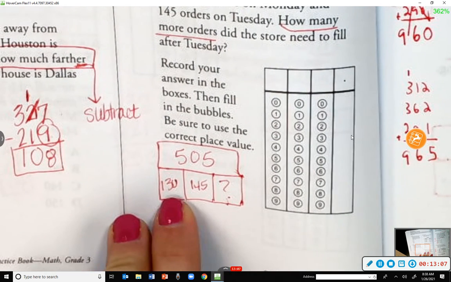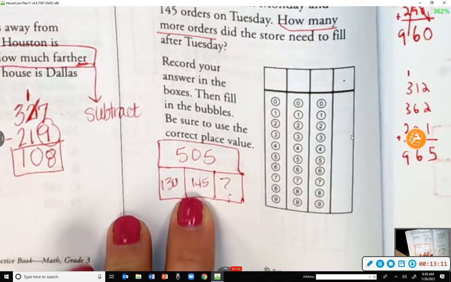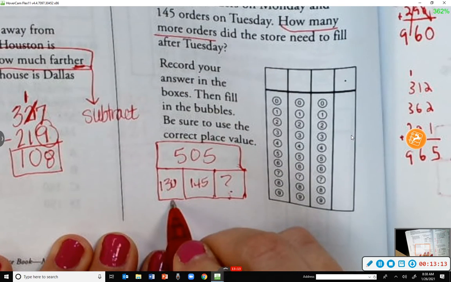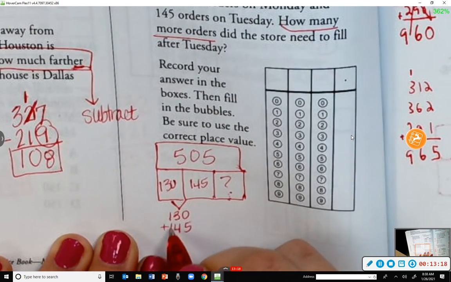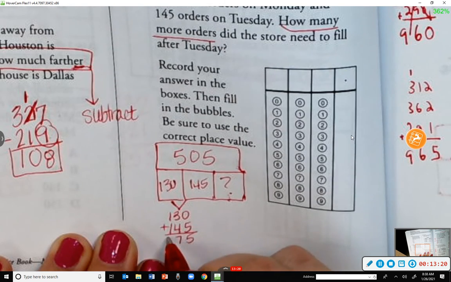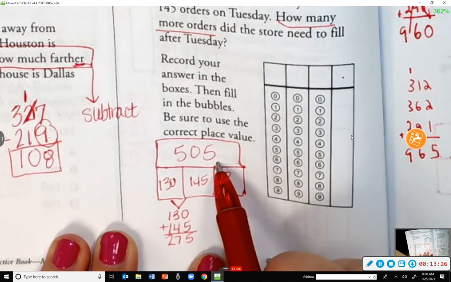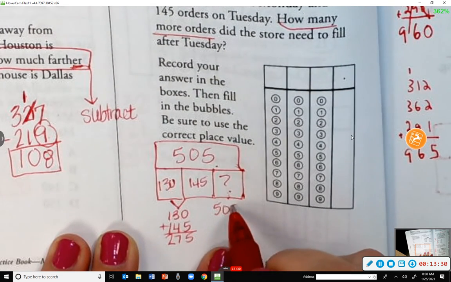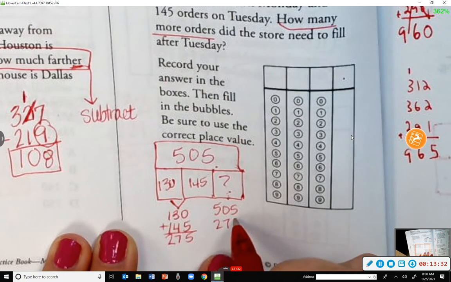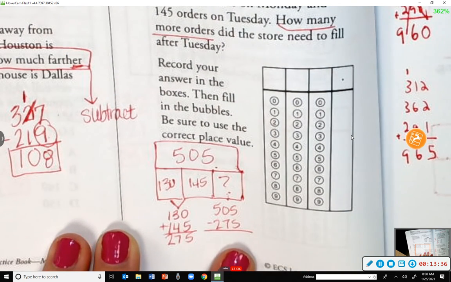You added these two first because you got 275, which is correct. Okay, so good. We're going to add these two parts first, which is 275. That's how many orders they've already filled. They need to fill 505. Okay, so like Bryson said, you're now going to take 505 and subtract 275. Is that what you did, Bryson?